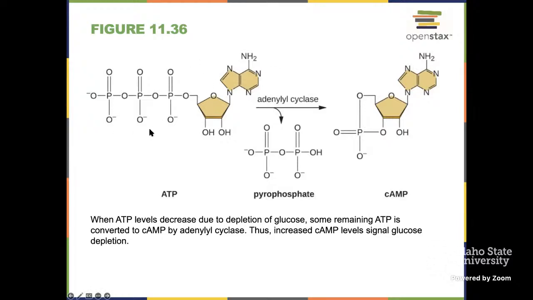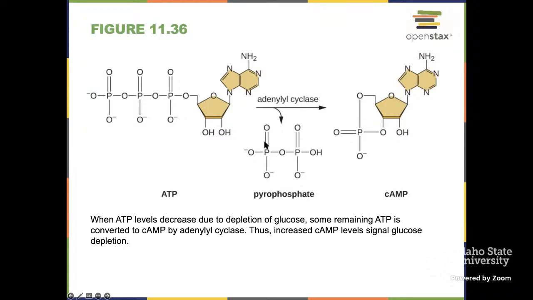So here's our ATP molecule. When these levels start to decline as glucose gets used up, some of that ATP gets converted to cyclic AMP, and two phosphates, pyrophosphate, get cleaved off of that.